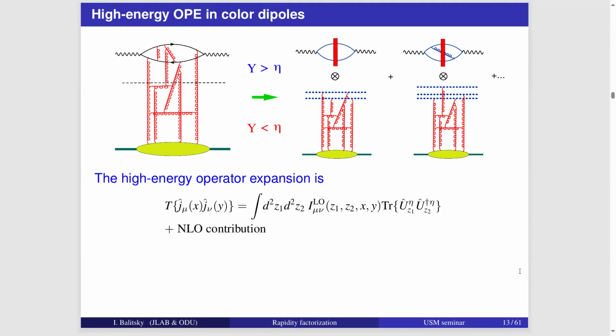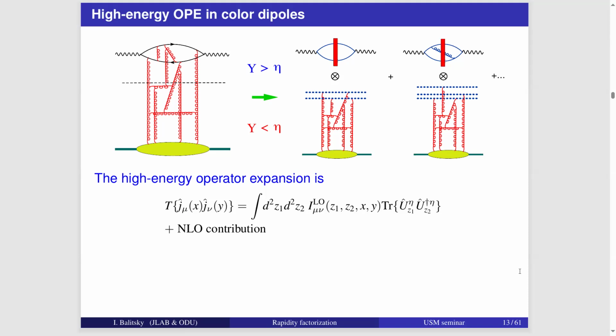Why Wilson line? Because these particles have rapidity very different from the target, and then they perceive the target through the Wilson line. Of course, it's only in the leading order.